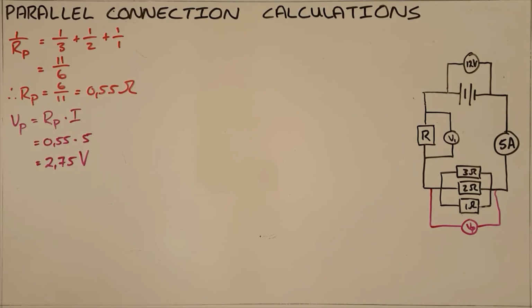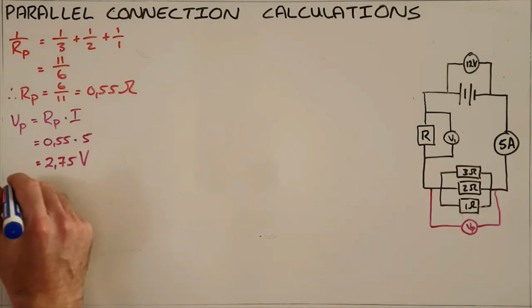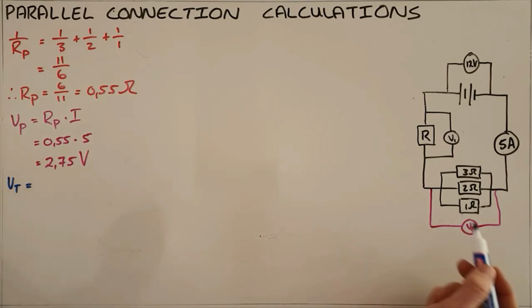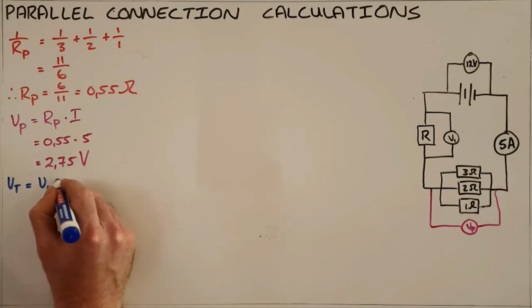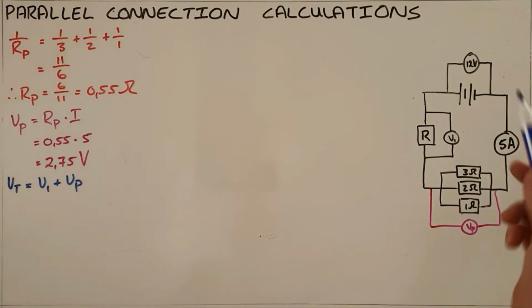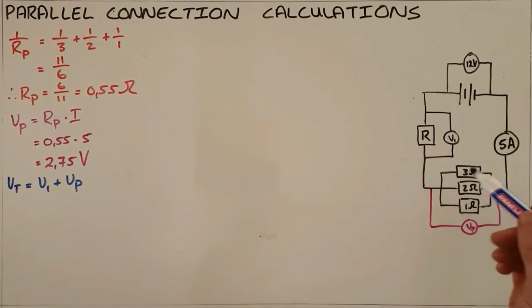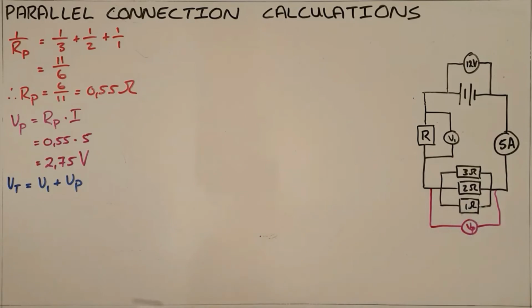Once we've done that, we can calculate the voltage measured by V1, because we know that the total voltage provided by the battery, being 12 volts, must be equal to the sum of the 2 voltages that are used in this circuit. In this case, that is V1 plus V parallel. Again, we know that the total voltage provided by a battery must be used in that external circuit, and there are only 2 places where it can be used, V1 and VP.